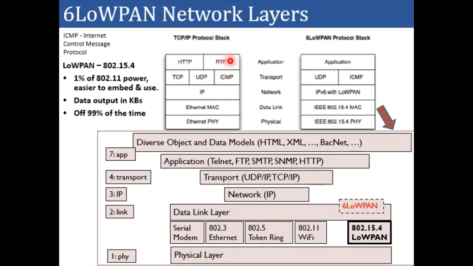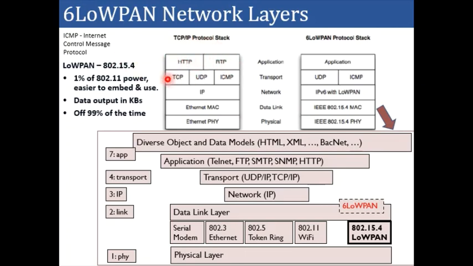And then on top of that, we have various applications such as HTTP or RTP. If you compare the TCP/IP stack with the standard OSI 7-layer architecture, you will see that the session, presentation, and application layers have been merged together in the TCP/IP stack.